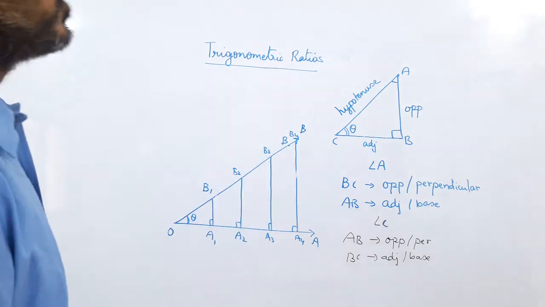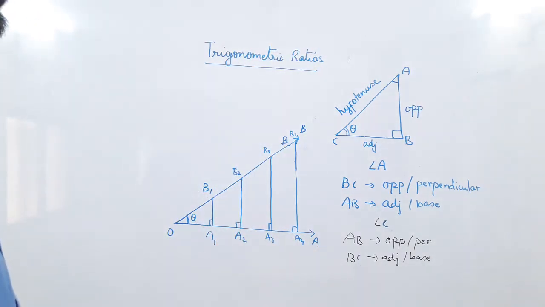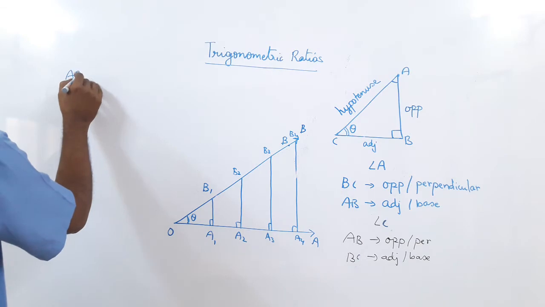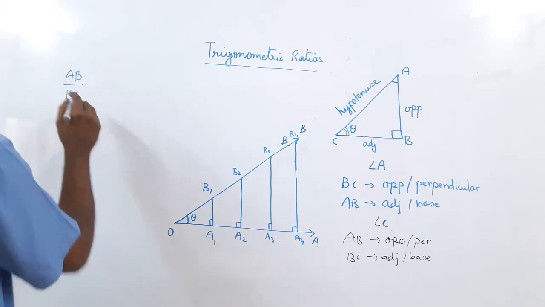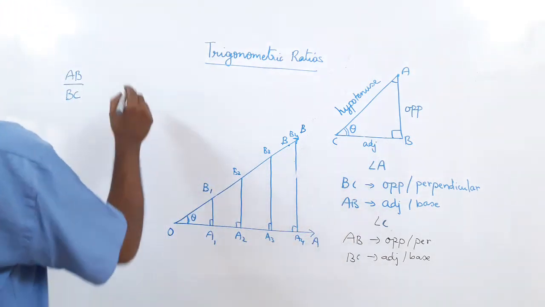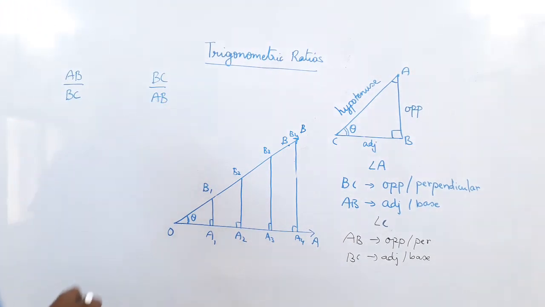Now this triangle has got 3 sides. So how many ratios can you name? Okay? So we will see how many ratios can we name. We have got a ratio of which side? AB upon BC. AB and BC, these 2 sides make a ratio. And also BC upon AB make a ratio.